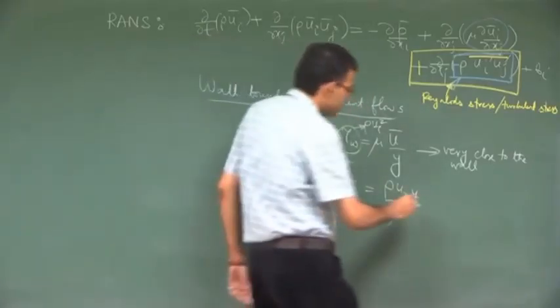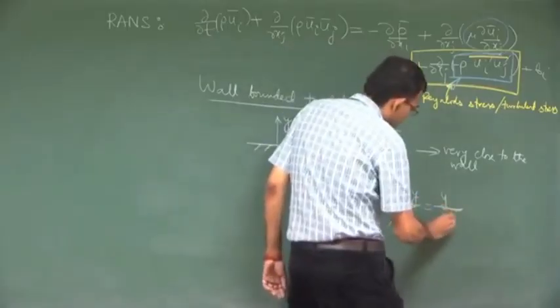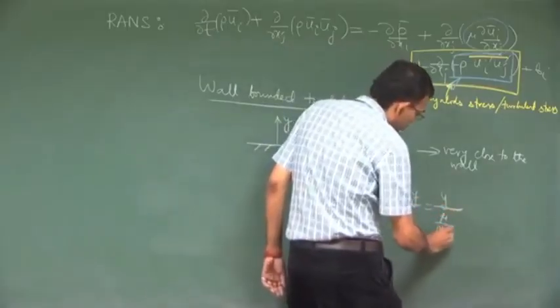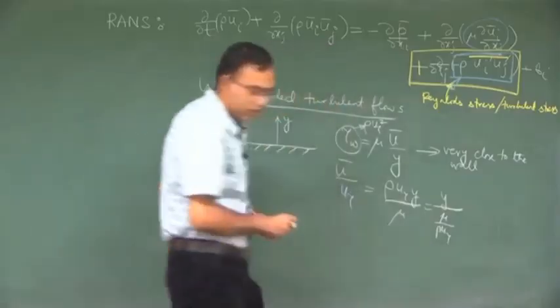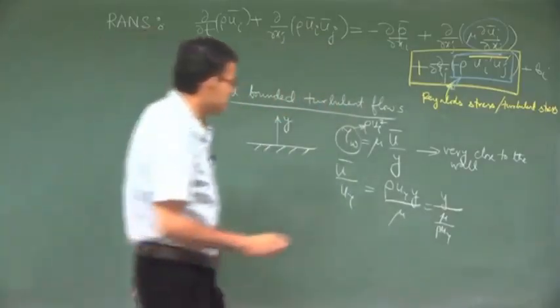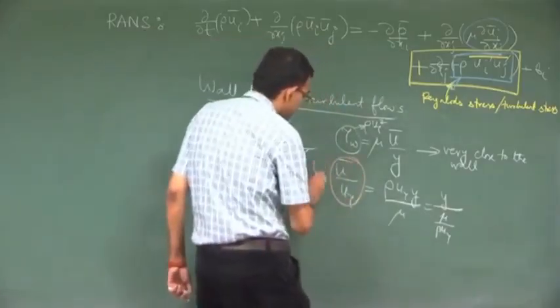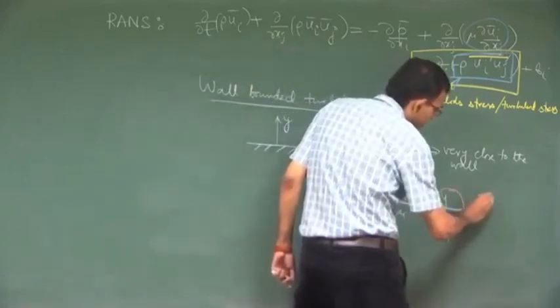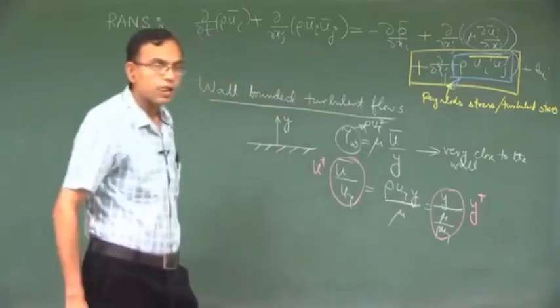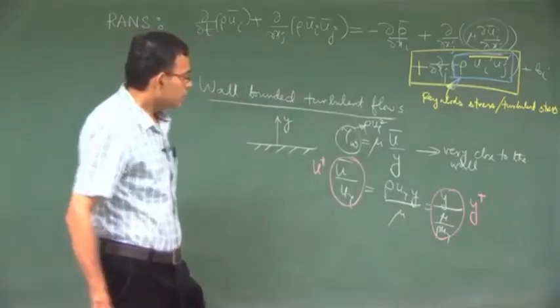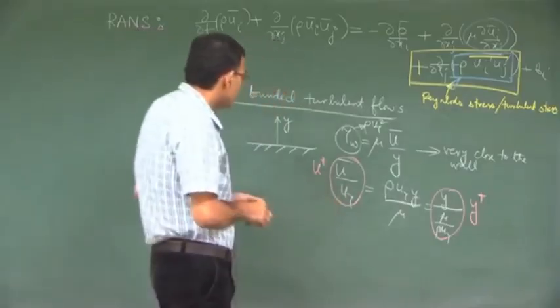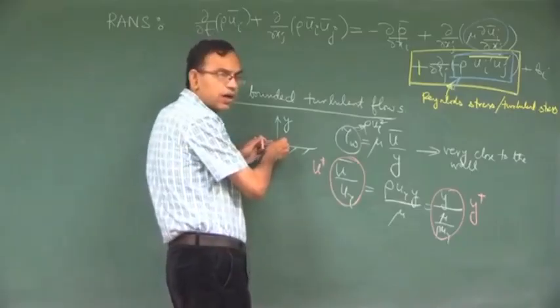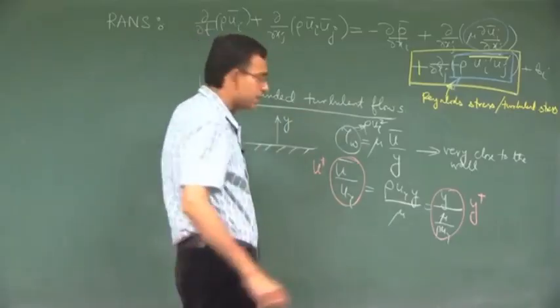So, this is y by a length scale mu by rho u tau. So, this is defined as something called u plus, and this is defined as something called y plus. Okay. So, very adjacent to the wall you have u plus equal to y plus.